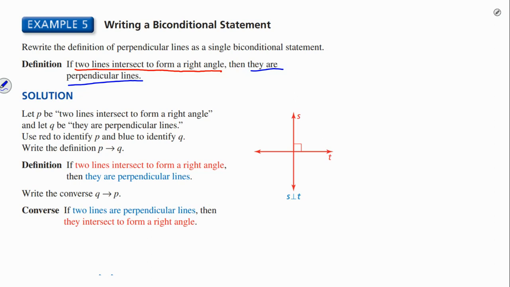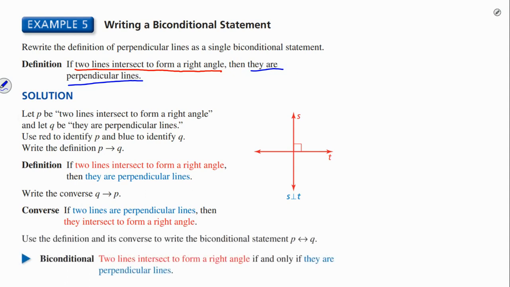Notice that we switched the conclusion and the hypothesis here. So now it says if two lines are perpendicular lines, then they intersect to form a right angle. And if both of those are true, then we can write it as an if and only if statement.